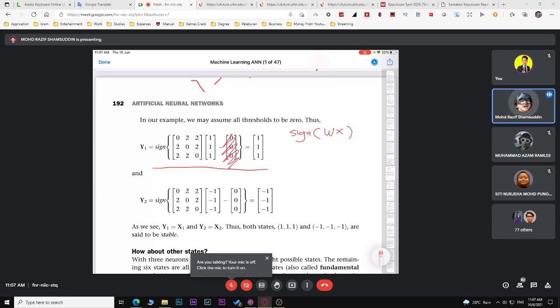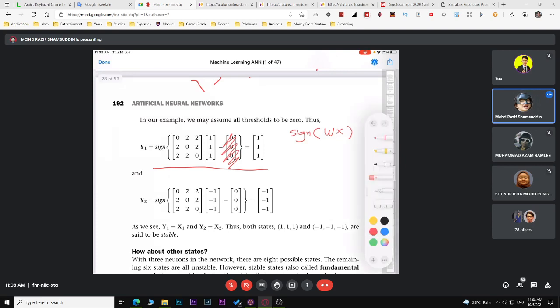So bila dia without bias, kita gunalah equation yang ini untuk calculate dia punya output.